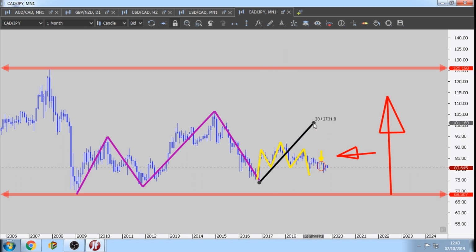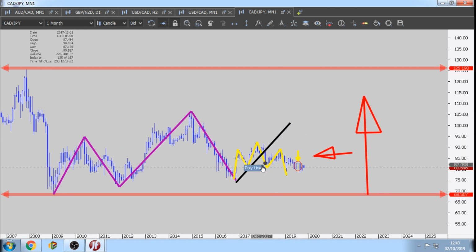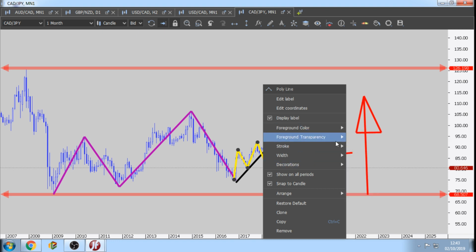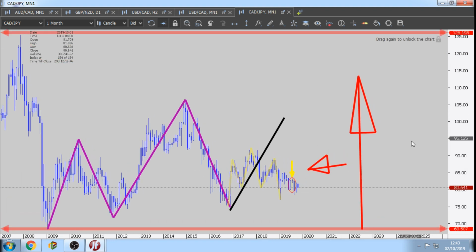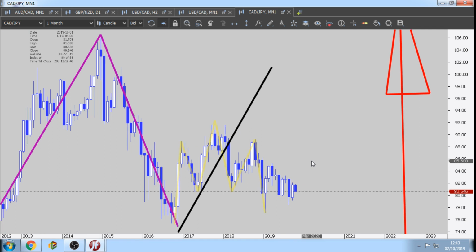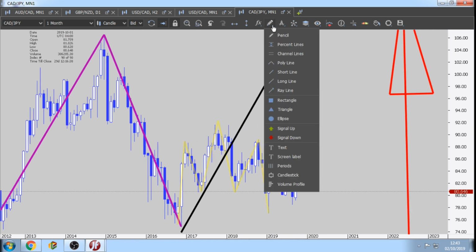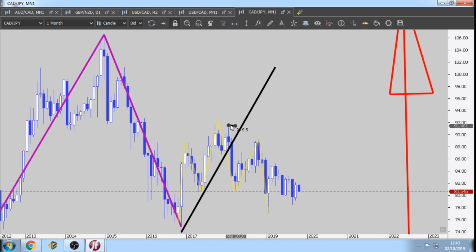You had the uptrend line break. Let's do it like this, and I'm going to delete this one, this one, this one, leave this one. Okay, and you have a downtrend line if you want, and the market's making lower lows, lower highs. This one is the higher high, maybe.